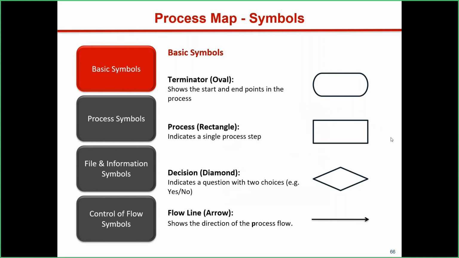It can also happen that you have two endpoints in a process. Process rectangle indicates a single process step. The decision diamond box helps you to put a choice question, yes, no, true, false kind of stuff. And the flow line shows the direction of the process flow.